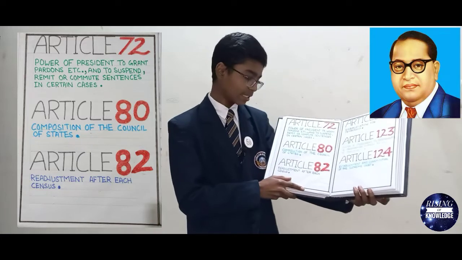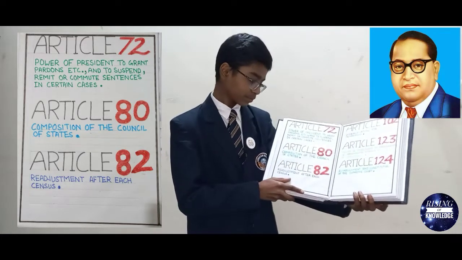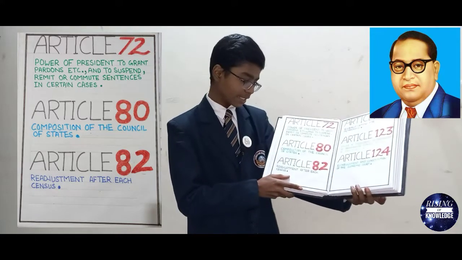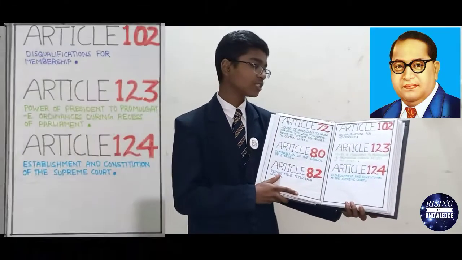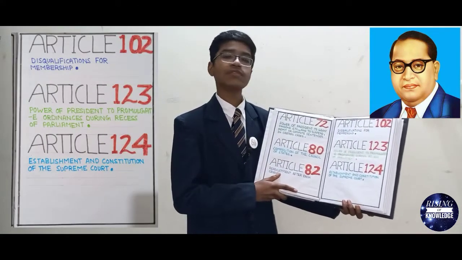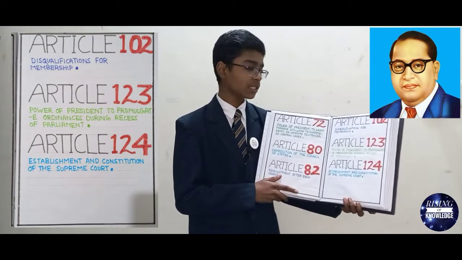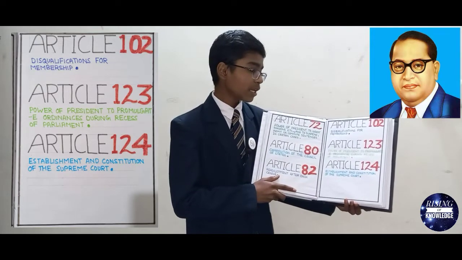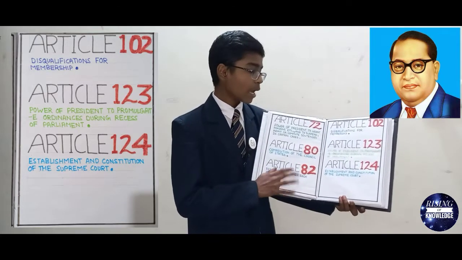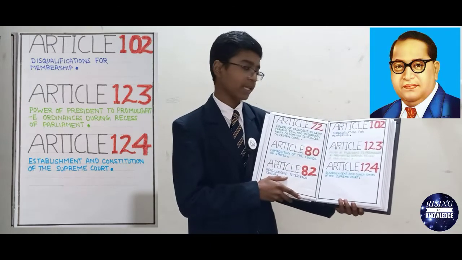Article 80 tells the composition of the Council of States. Article 82 tells the readjustment after each census. Article 102 tells about the disqualification for membership. Article 123 tells that the power of the President to promulgate ordinance during recess of Parliament.